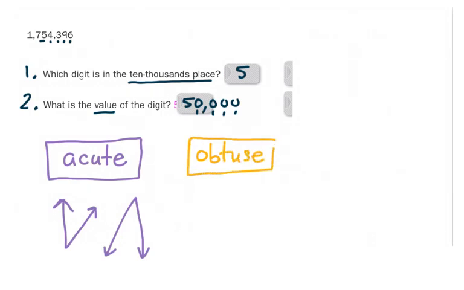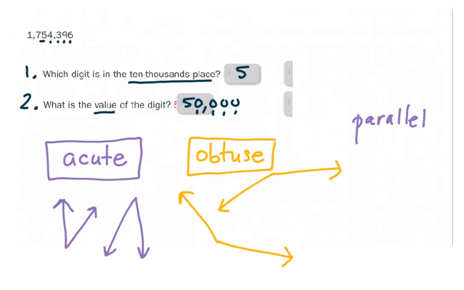An obtuse angle is greater than 90 degrees. So this would be obtuse.